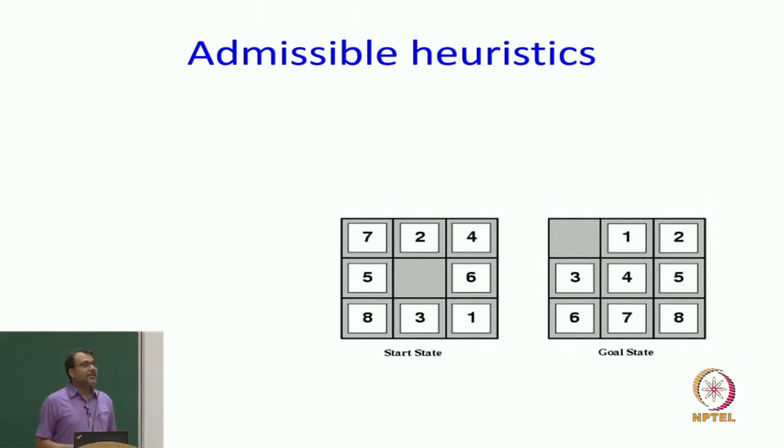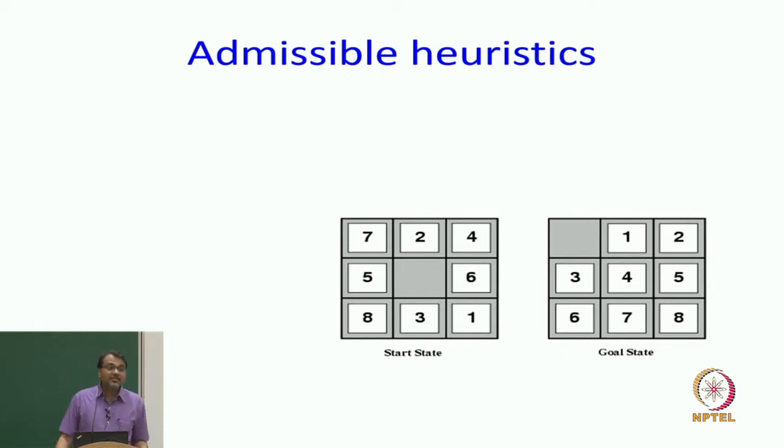So, we go back to our favorite 8 puzzle problem and we ask the question: we have to go from the start state to the goal state. How can we estimate a heuristic for a node?